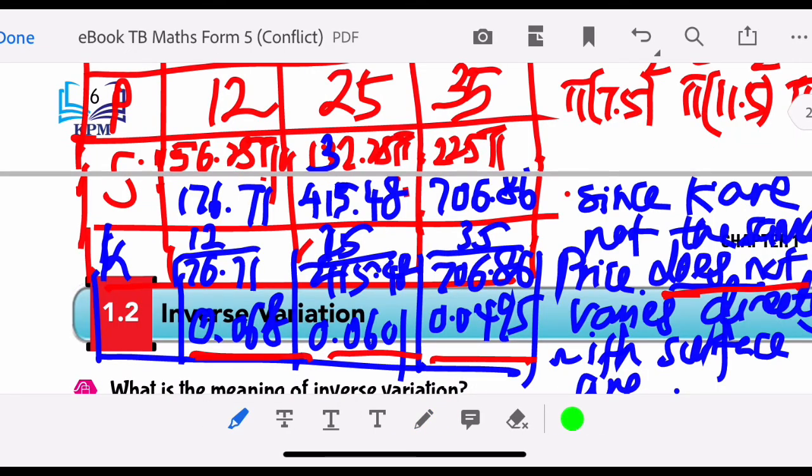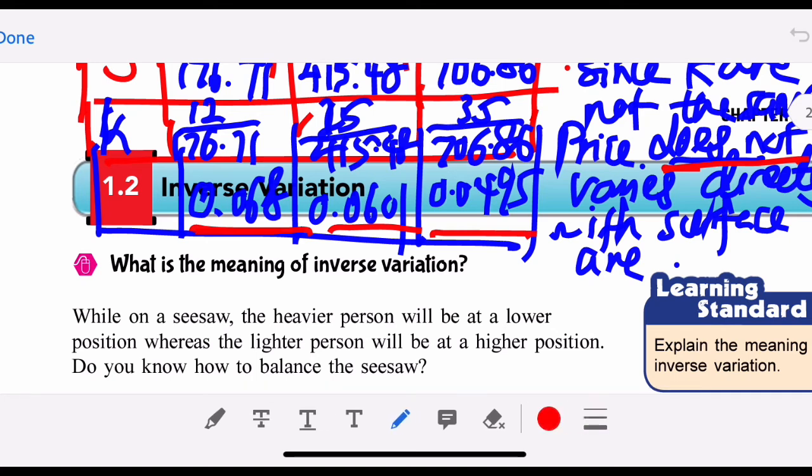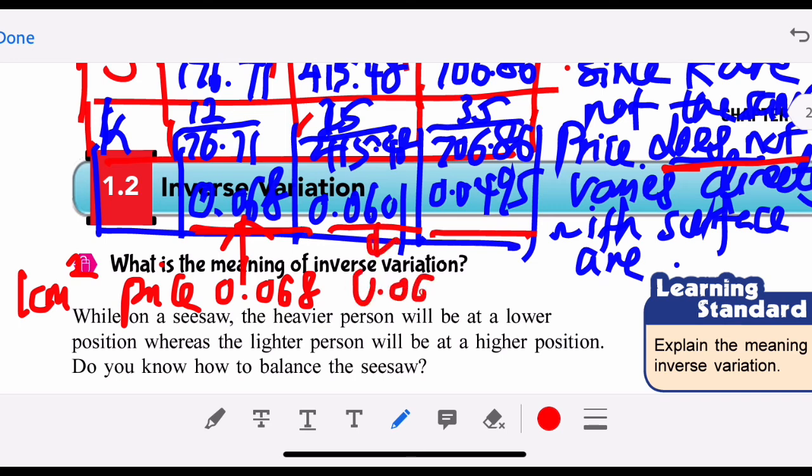As you can see, when I take the price over the area, it means the value here is the price of 1 centimeter square. For A it is 6.8 cent. For B is 0.06 cent, and for C is just 0.0495 cent.